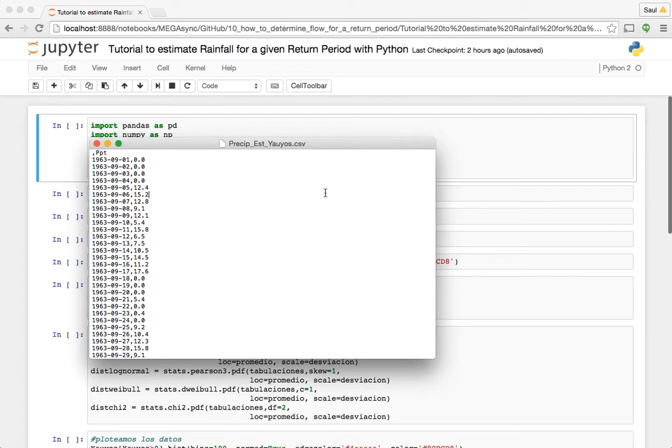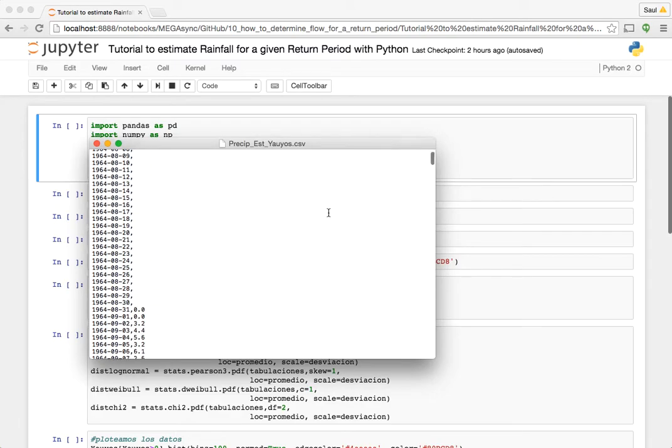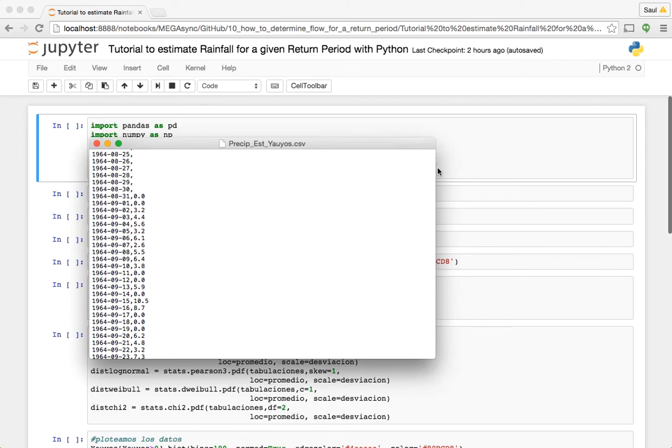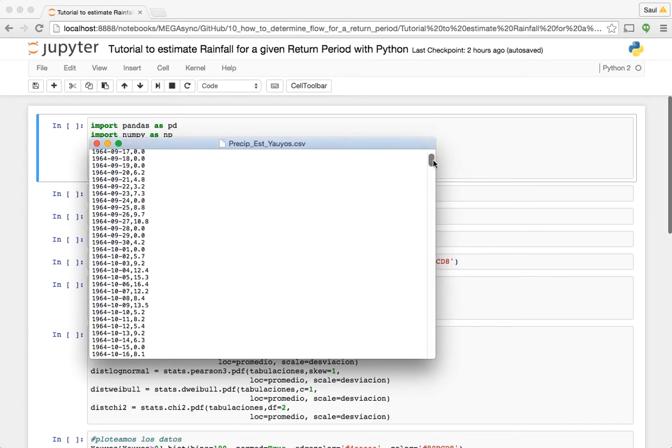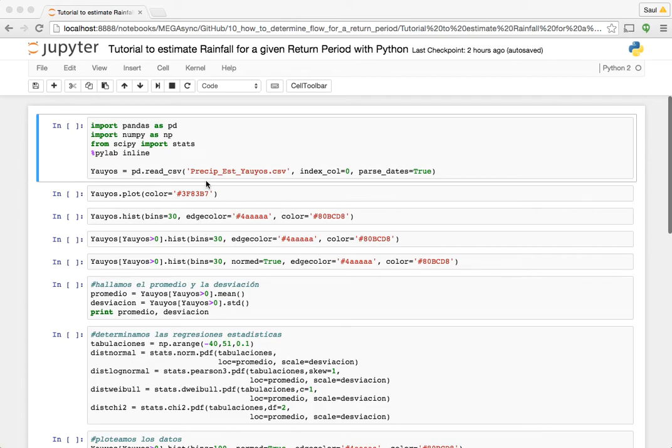from 1963 to 2010, I guess. So we have around 50 years of precipitation, and we are going to deal with this with Python, NumPy and Pandas.